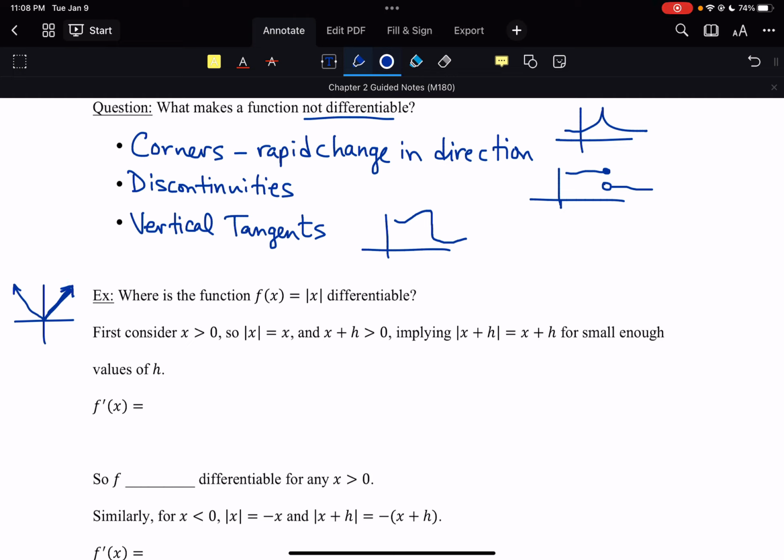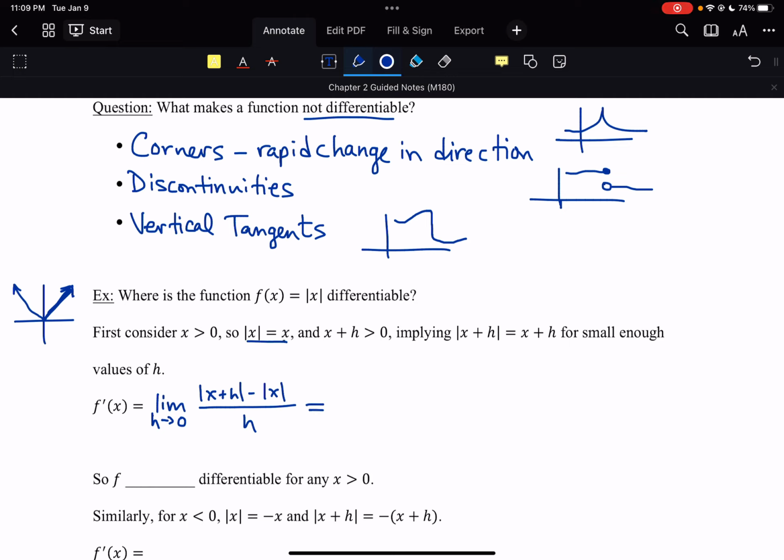Just the line y equals x. So all the values will be positive for x. x plus h will be positive, which means that the absolute value of x plus h will just be x plus h. So our derivative at any point in this section would be the limit as h approaches 0 of absolute value of x plus h minus absolute value of x all over h.